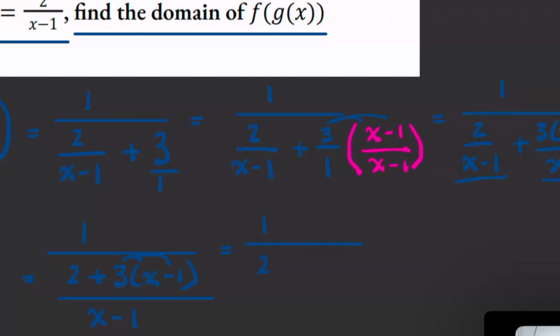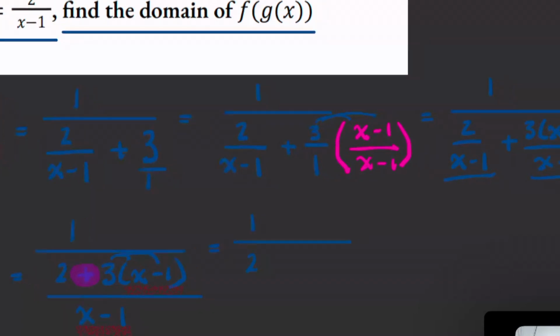Now some students say, can't we just eliminate this x minus 1 with this x minus 1? No, you cannot do that because there is an addition right here. Something is being added, and this first number does not have x minus 1.